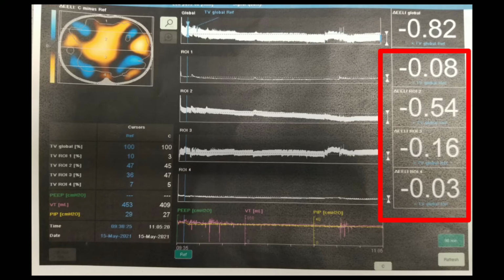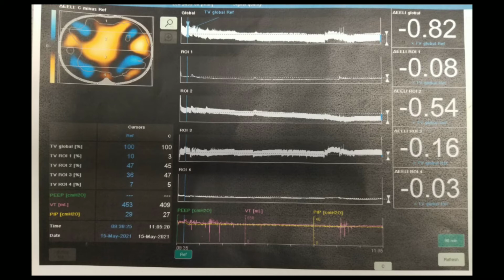But now we'll specifically look where that global value is losing, and we see that in region 1, the 0.08, the 0.54, the 0.16, and the 0.03, starting with region of interest 1, we can multiply all of these times the global reference tidal volume and get exactly from dorsal to ventral the actual milliliters of change in lung inflation at the end of expiration, or the end expiratory lung volume.